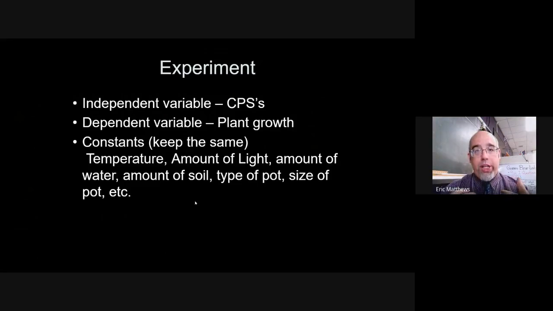We're the ones who are changing it. We are the ones who are determining what that variable is. So it is independent of the experiment. In this case, for Zach's example, he is using the colored plant strips. That is what he is choosing to change. Therefore, it is the independent variable.